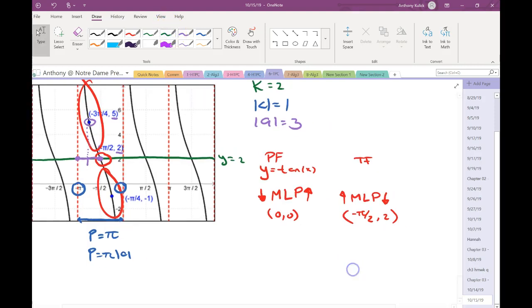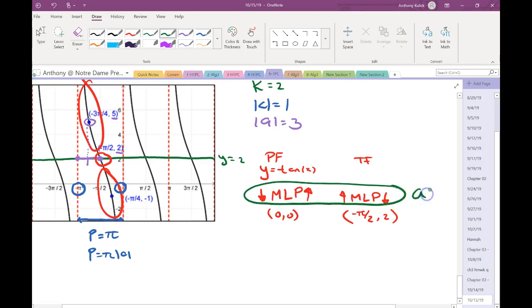So, if I look at this, what can I tell? Notice the arrows are opposite, so it tells me the A is negative. And then the H is just going to be the x-coordinate of my transform point.